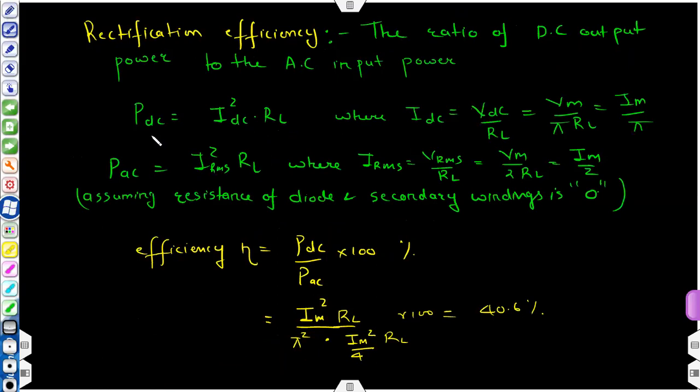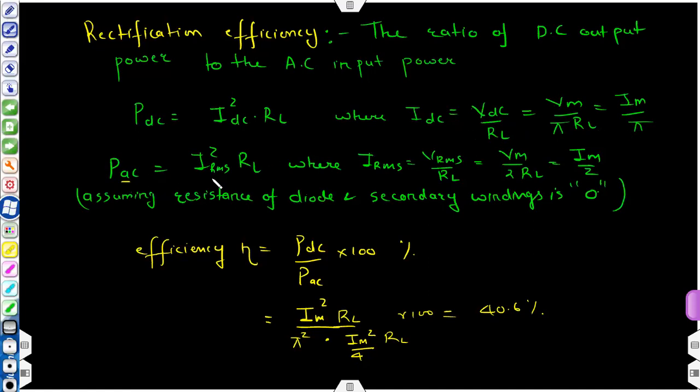DC output power is given by a simple formula, I square DC times RL, where IDC is given by Ohm's law, VDC by RL. VDC is nothing but Vm by pi, which we just calculated, so Vm by pi RL, and Vm by RL can be written as Im by pi. We drew the graph of Im, so Im by pi.